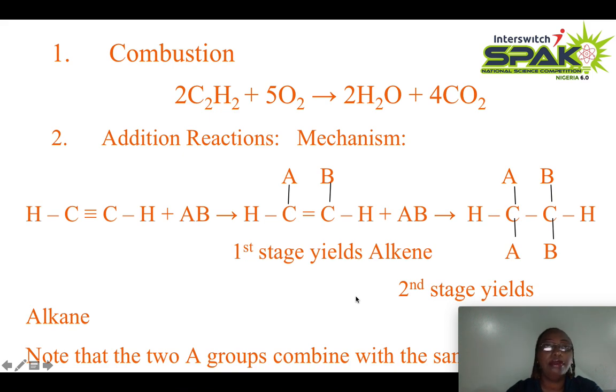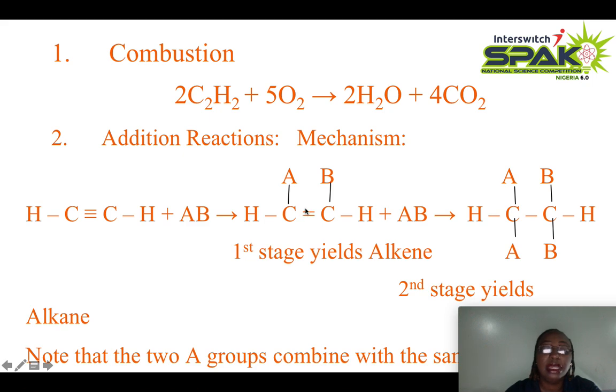For example, an alkyne will react in the first stage to give an alkene, then react in the second stage to give an alkane. You can see in this illustration an alkyne, which is ethyne, reacting with, let's say, AB. The first stage yields an alkene.